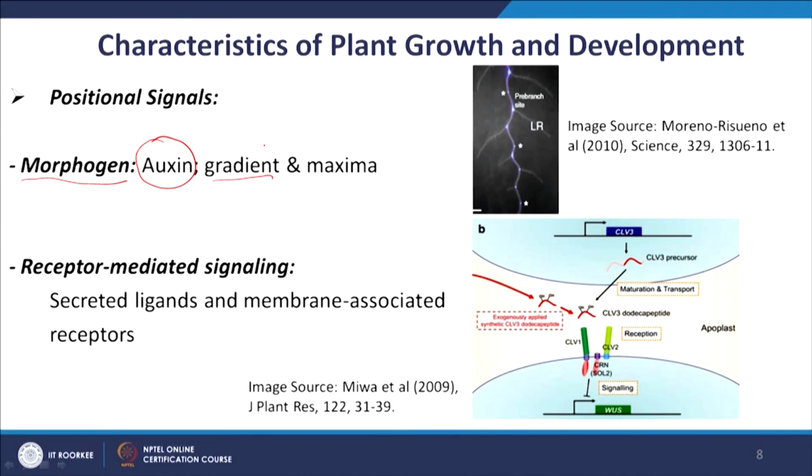In the distribution of auxin, in some places it makes a gradient, which means that some cells always get a high amount of auxin, and some cells get a low amount of auxin. Not only the presence or absence of auxin, but the critical amount of auxin is very important for switching on a certain developmental program.